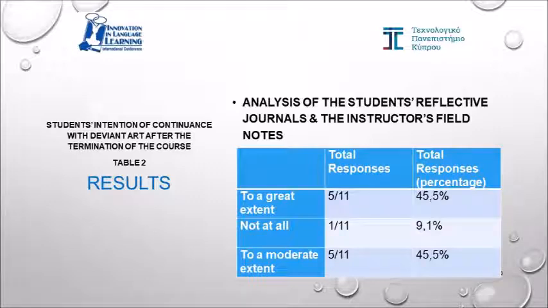Whereas one student, again, was negative about it and had no intention of continuing with the tool after the termination of the course. Now, concerning the positive intention, some students said, it's something I will continue working on. It helps enormously in the artistic department. So they were very, very determined to continue. Yes, I want to attract more people and to become better at my work.